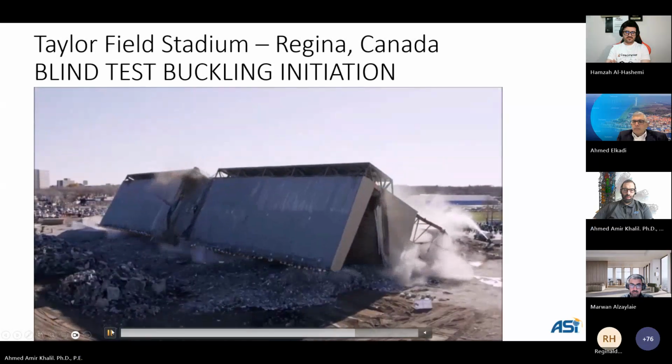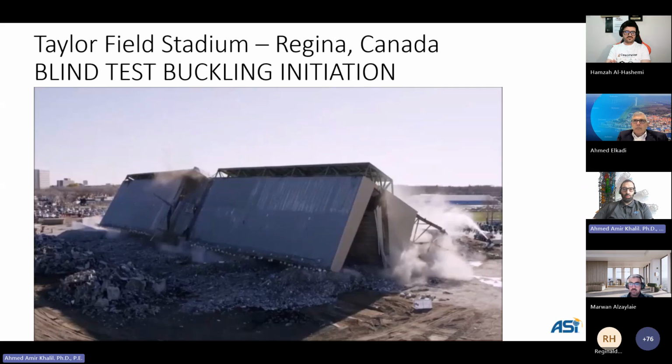And here, this is the impact of the structure with the ground. This is where we go into some sort of soil structure interaction on a different level, maybe.